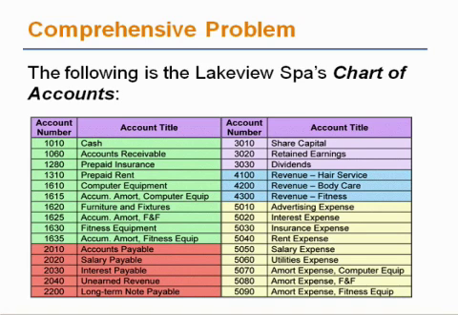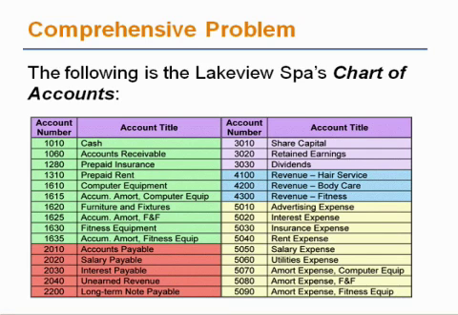Generally, in its simplest form, we use account numbers. 1,000 accounts are usually used for assets, 2,000 accounts are used for liabilities, 3,000 series are used for owner's equity and retained earnings, and 4,000 accounts are used for revenue, 5,000 accounts are used for advertising.